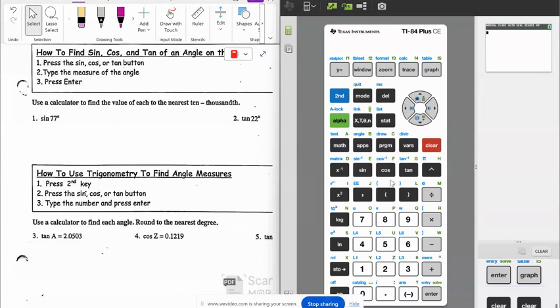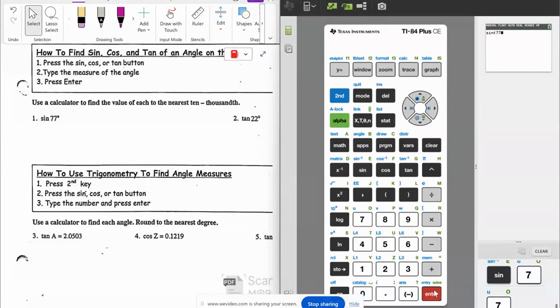So we're going to type in sine. Now, if you look right over here, it's right under the apps button. It says SIN. That's what you're going to press, sine. And then you'll type in 77. You do not need to close the parenthesis. If you want to close the parenthesis, it's right above the 9. Sometimes I'll close it, sometimes I won't. It's up to you.